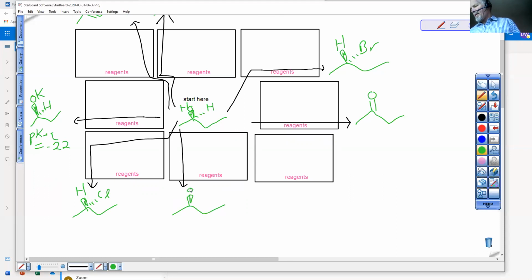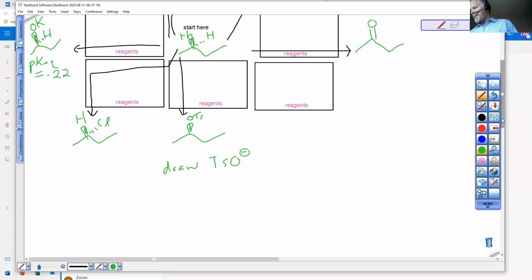Or, and we should always know what TS stands for. Separate question here, draw a TsO minus.